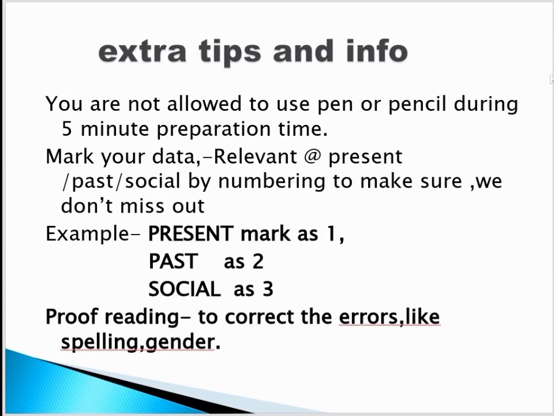So the first tip I was using is to mark the relevant data, or to mark what I was planning to write. For example, I always number present data as number 1, wherever it is in the writing task. If there is past history mentioned, I was writing 2 wherever it is, and 3 for social and 4 for the discharge advice.